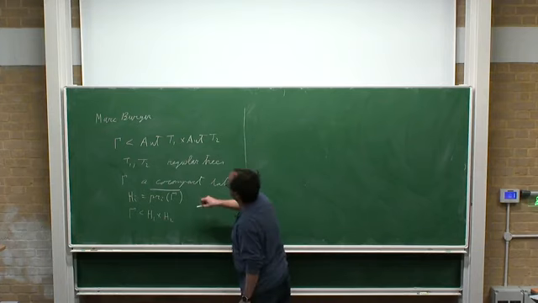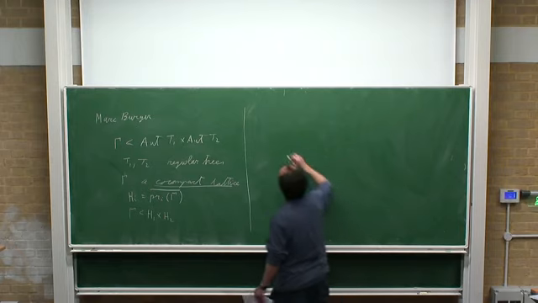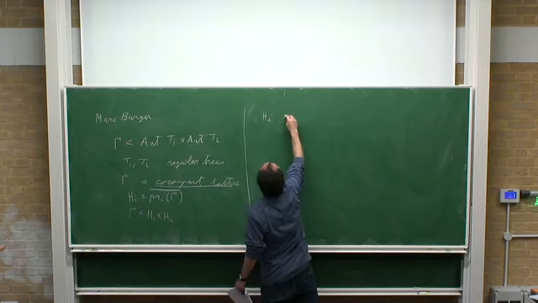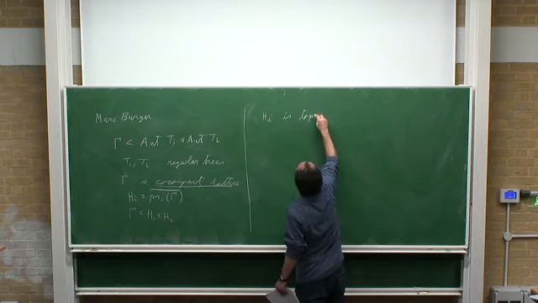Since we are assuming that gamma is co-compact, it's easy to see that Hi is topologically finitely generated.